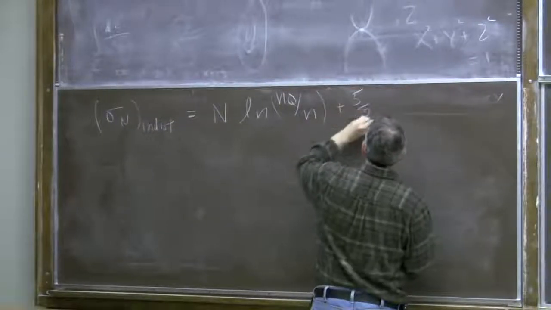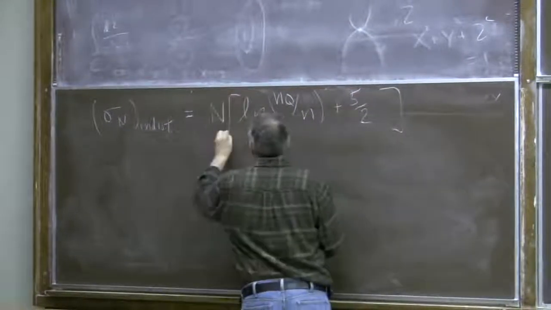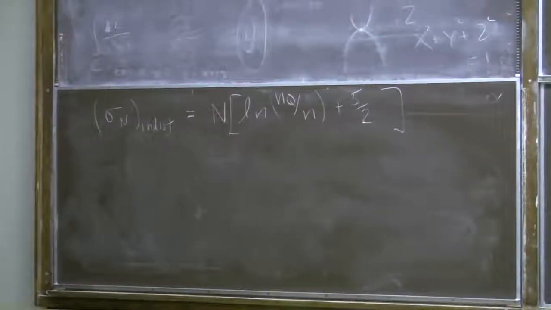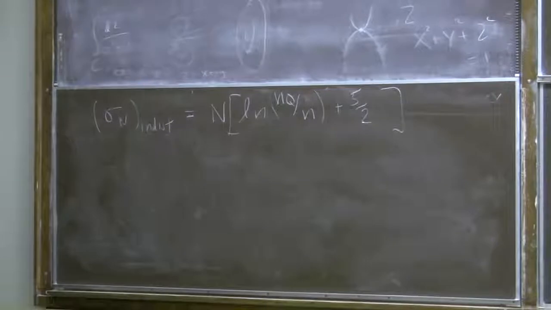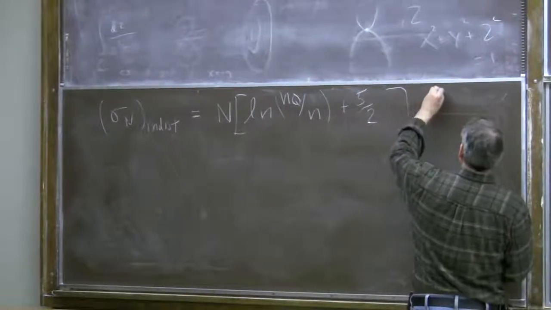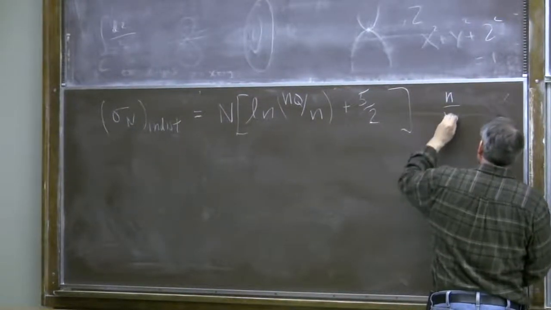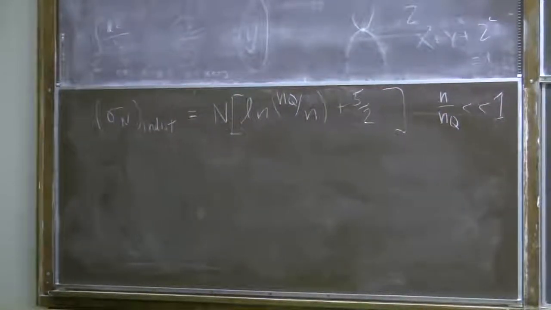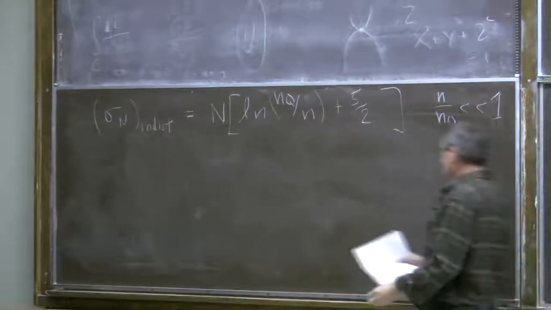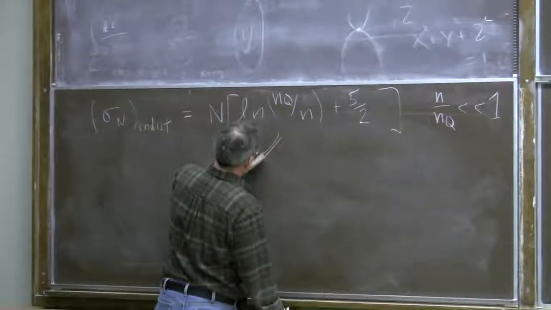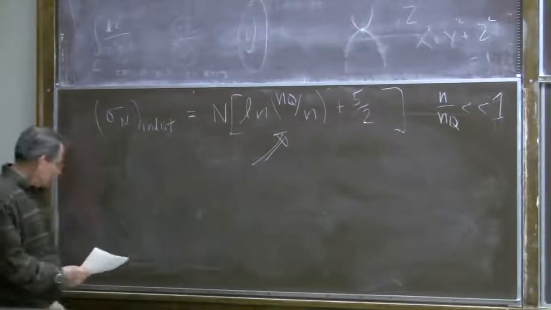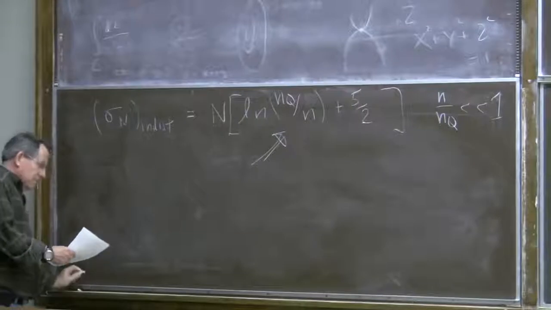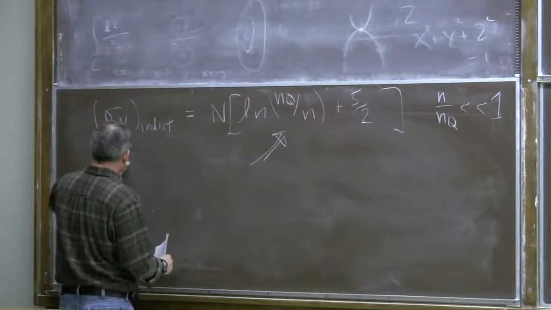I'll put the 5/2 here, multiplying the n. Got rid of the n log n, change the 3/2 to a 5/2. Again, it applies in the classical regimes, assuming concentration divided by quantum concentration is small. And that is the right answer. And because it's right, it's named after people. Not that it's important to know. It's called the Sackur-Tetrode equation.